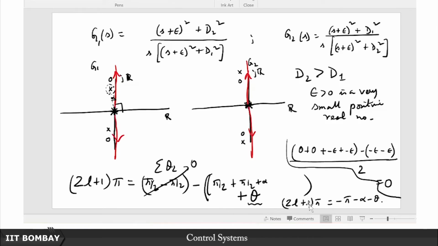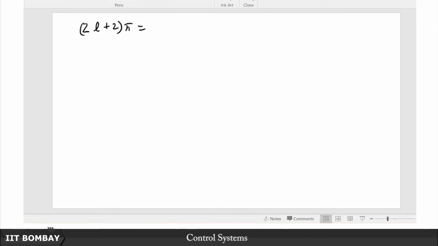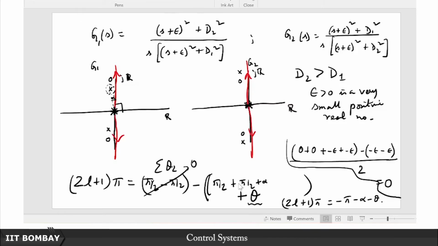So let me now go to the next slide. So what that means is, it is going to tell me that 12 plus 2 pi is equal to, so I am just pushing this pi on the other side, minus theta minus alpha, correct?